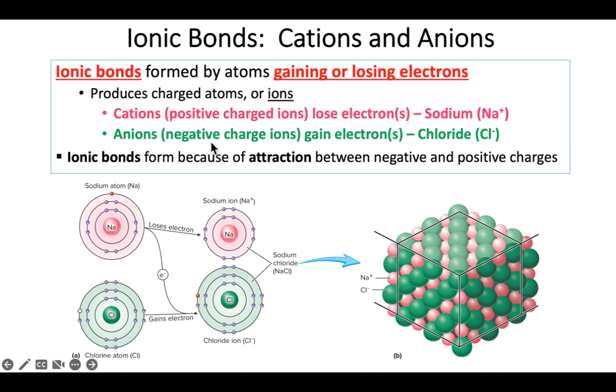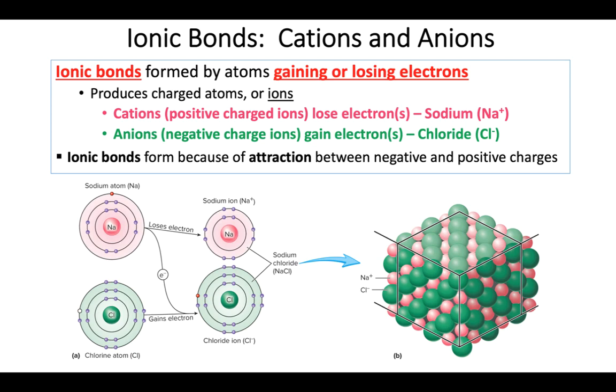Anions have gained electrons. Now why would this atom want to gain an electron? Well, you'll notice there's the issue. We have an unpaired electron out here. So in order to make this orbit full and happy, it's not going to lose an electron because you're still not going to be full, but instead it's going to gain an electron. So notice this electron gets taken up by the chloride, and that makes chloride now negatively charged.